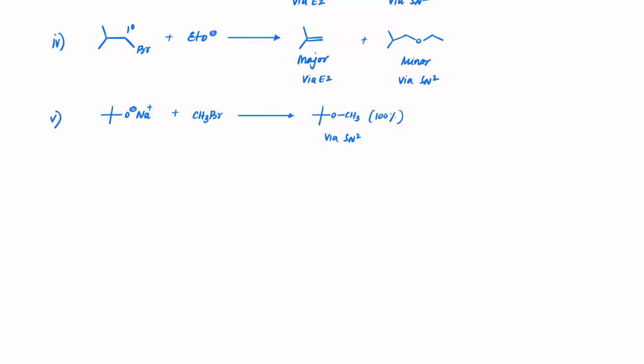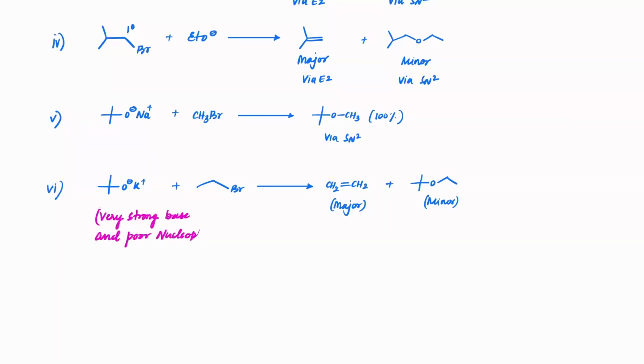Next, notice the sixth one. If you have tert-butoxide and you have ethyl bromide, then you will start getting E2 product and SN2 product. But the E2 product will be major, because we have learned earlier that tert-butoxide is a very strong base and a poor nucleophile.